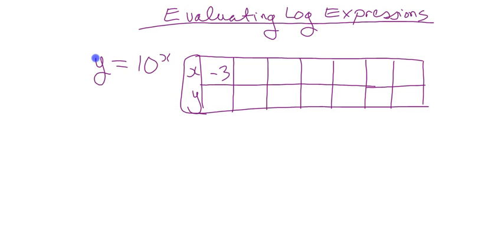What's 10 to the power of negative 3? 10 to the negative 3 is 1 over 10 cubed, which is 1 over 1,000. And if x is negative 2, 10 to the negative 2 is 1 over 10 squared, which is 1 over 100. And when x is negative 1, 10 to the negative 1 is 1/10.